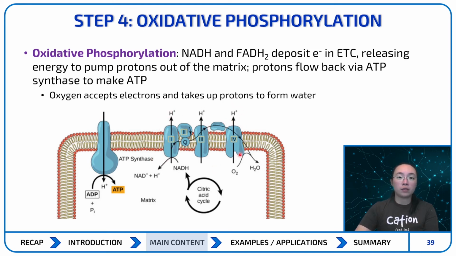All the protons are pumped out of the matrix. And then you have a lot of protons that flow back through ATP synthase over here. So you have an excess of protons. They come out and then they come back in through here. And that is going to provide enough energy for ATP to be formed through ATP synthase.